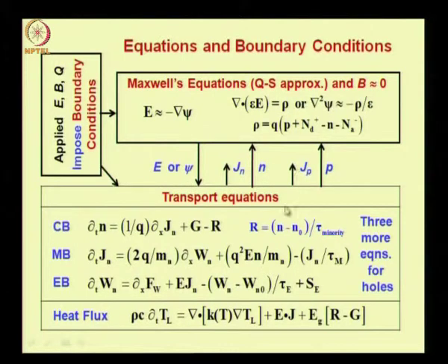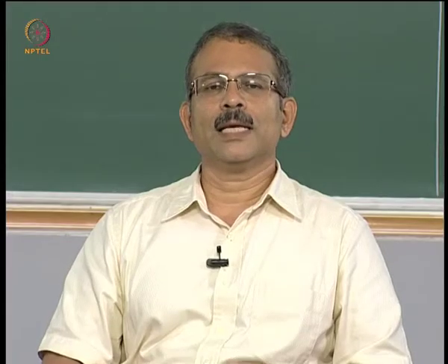Now these are supplied by the transport equations, which also give you the current density Jn and the hole current density, and these transport equations require the electric field information as the input, which is obtained from the Maxwell's equations. You impose suitable boundary conditions to solve the differential equations. So that is our picture, and this is the transport model that will be used to analyze various devices.